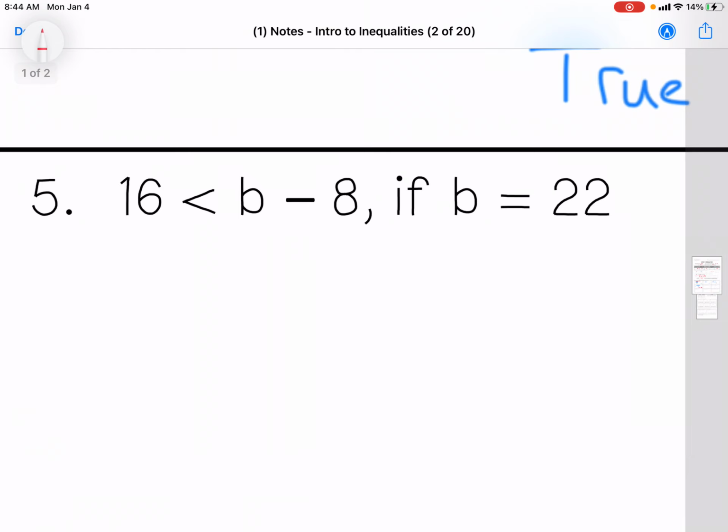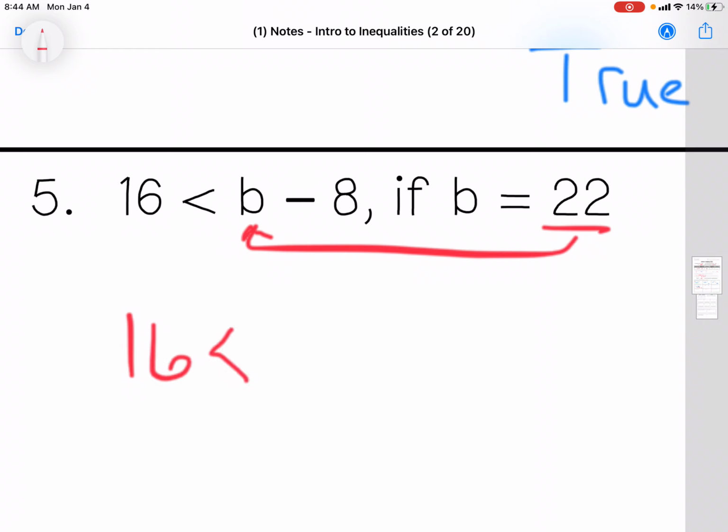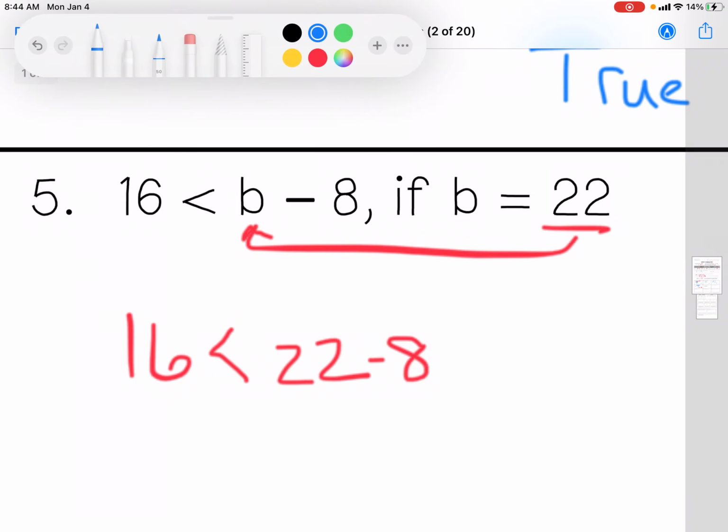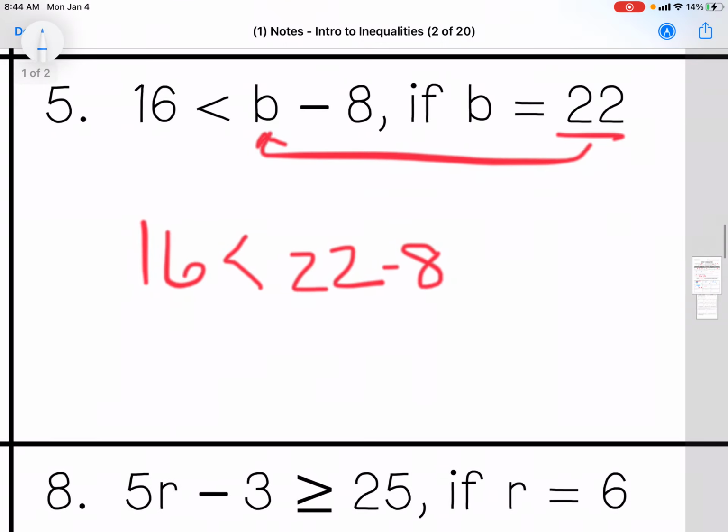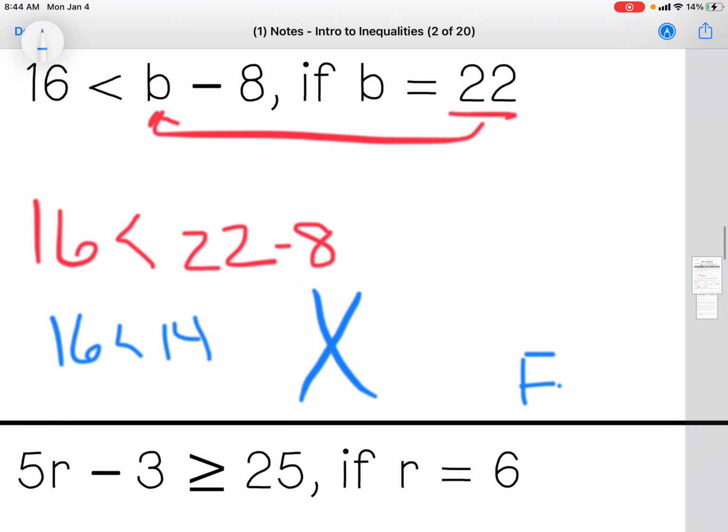Next one, sub that in for B. 16 less than 22 minus 8. Is 16 less than 14? It is not, so that would be false.